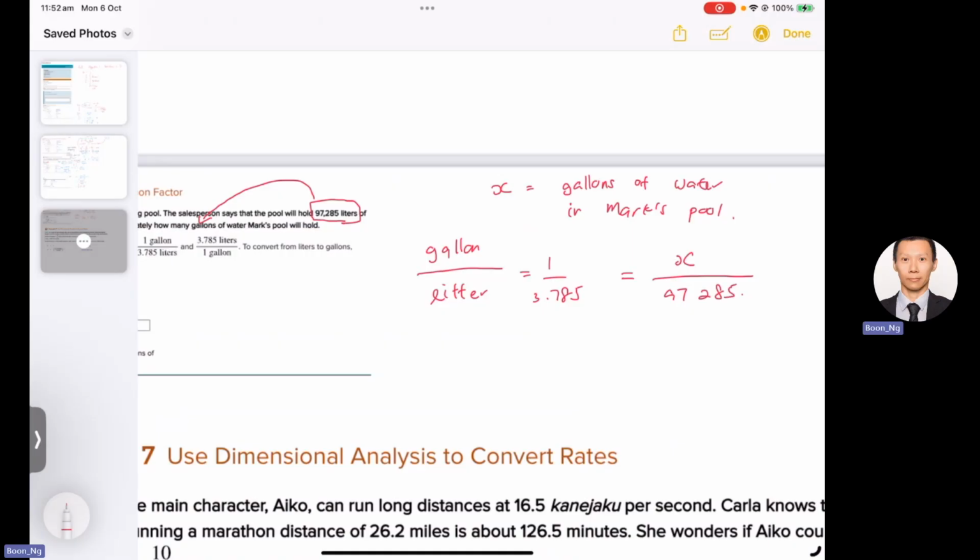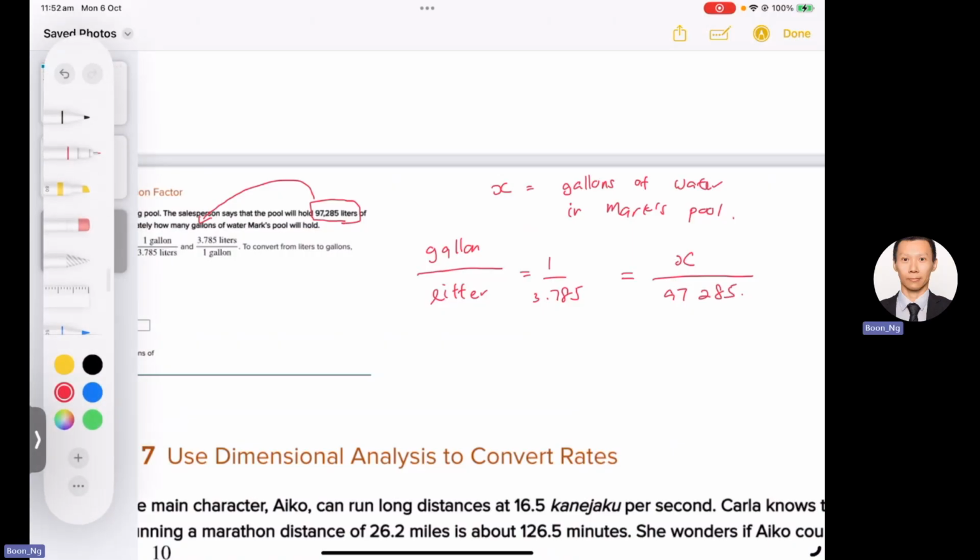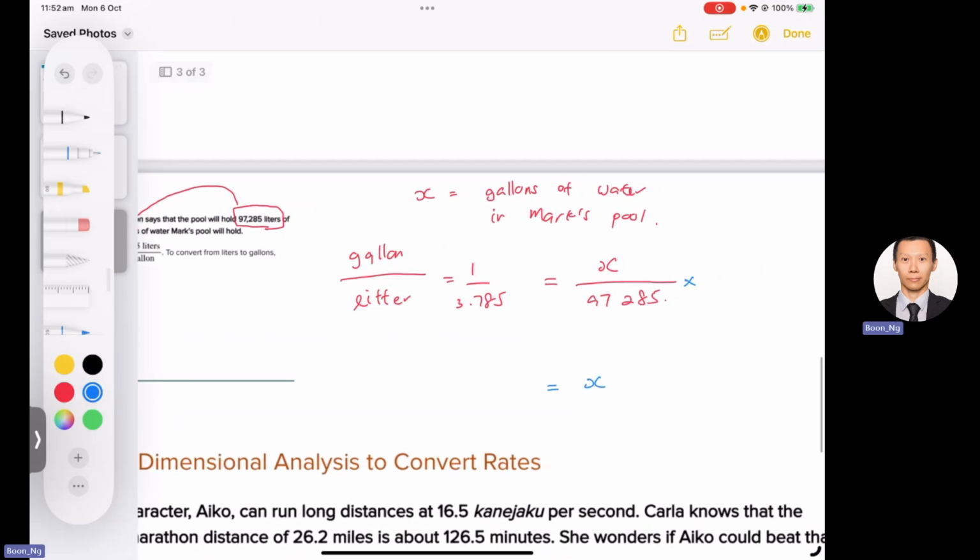And gallon is what we are after. So X over 97285. All right, so what we are looking for is X. In order to get rid of the denominator, we need to multiply by 97285 so that these two cancel out.